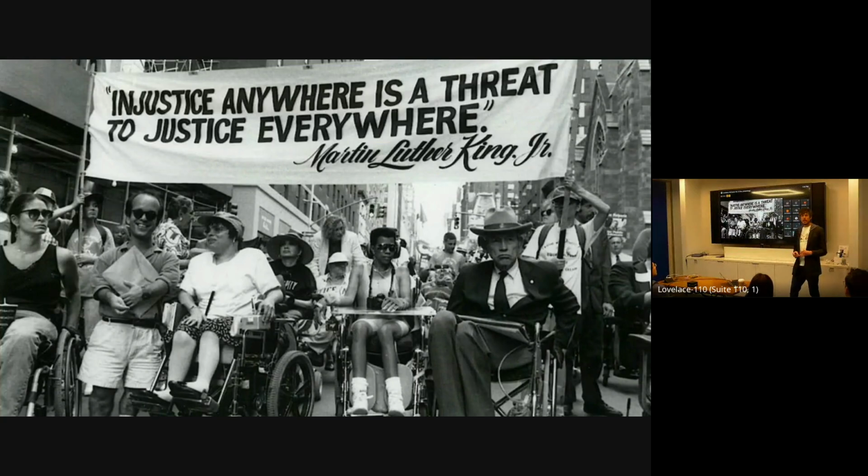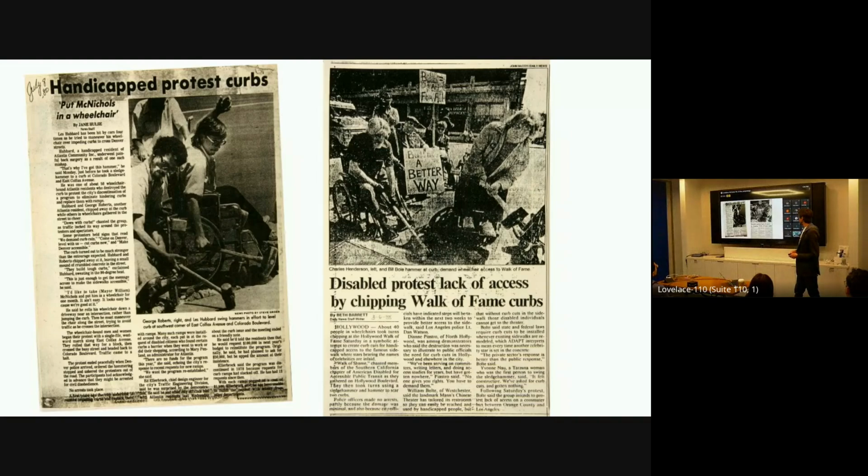But this has long been a battle in the United States. The disability rights movement borrowed a lot from the civil rights movement and nonviolent protests. I'm particularly enthusiastic about some of these protests that got a lot of local press, where people were going in with sledgehammers and basically making rogue curb ramps in their neighborhoods.